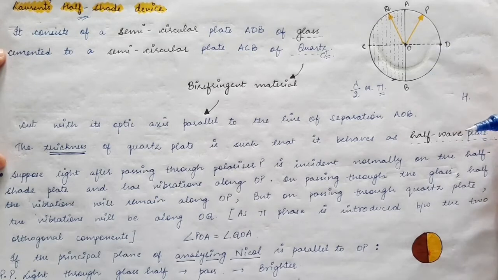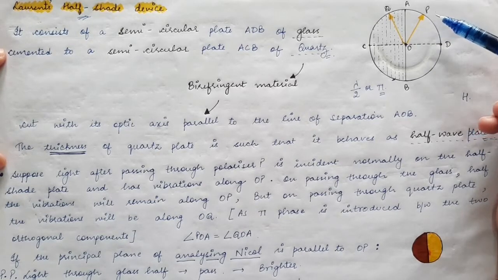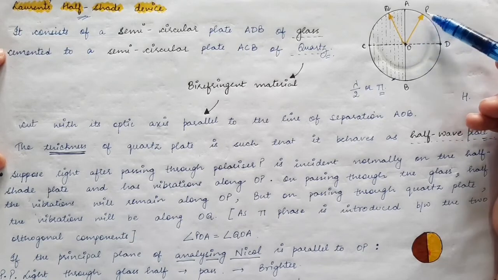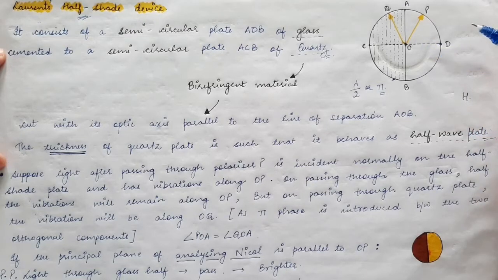half shade device. Let's suppose the light which is coming out of the Nicol prism has its vibrations of electric field in this direction. The light coming from the Nicol prism and falling on the half shade device is plain polarized light, because the Nicol prism polarizes the light.